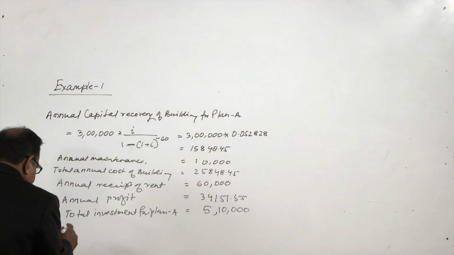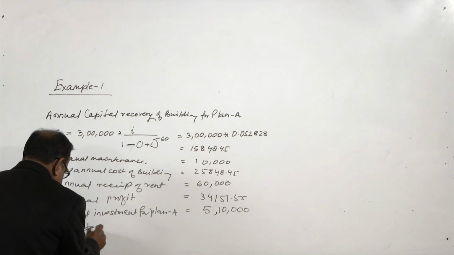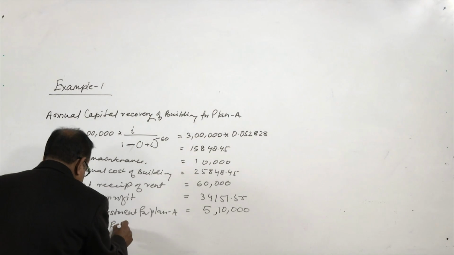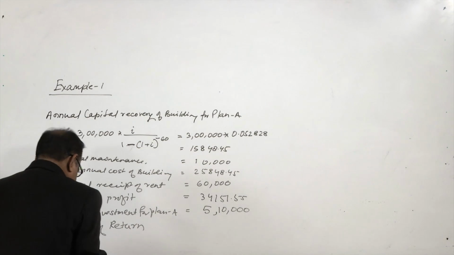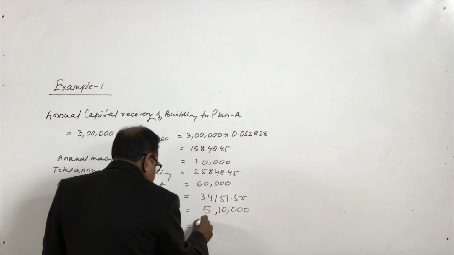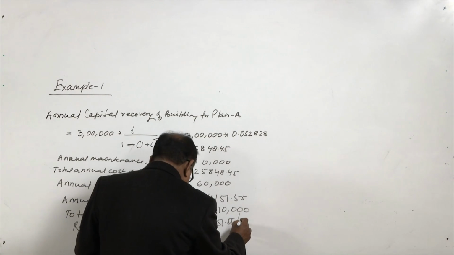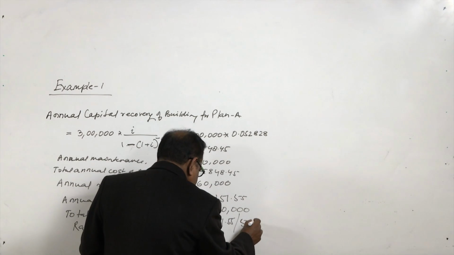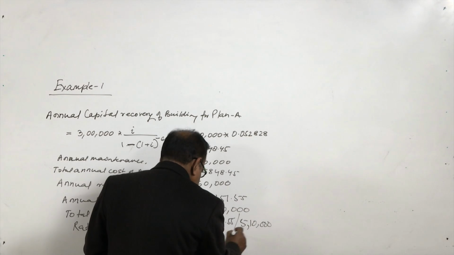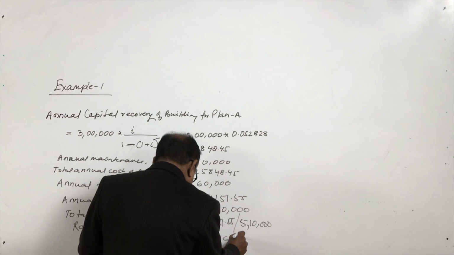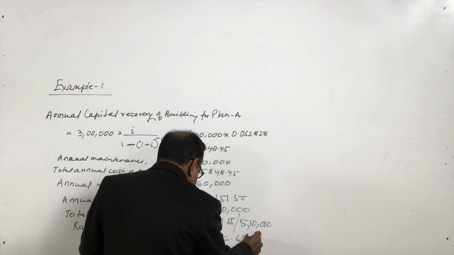So, rate of return is equal to 34151.55 divided by 5,10,000, which is equal to 6.696%.